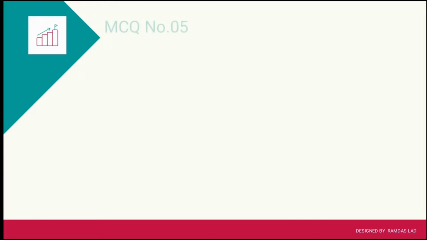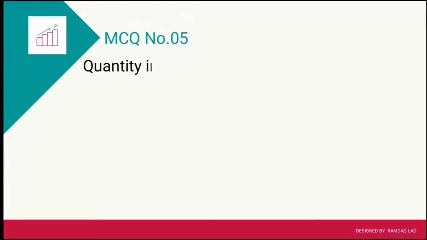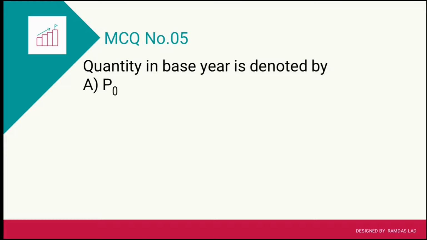Now question number 5. Quantity in base year is denoted by, option A, P0; option B, P1; option C, Q1; option D, Q0. Quantity is denoted by Q and base year is denoted by 0.